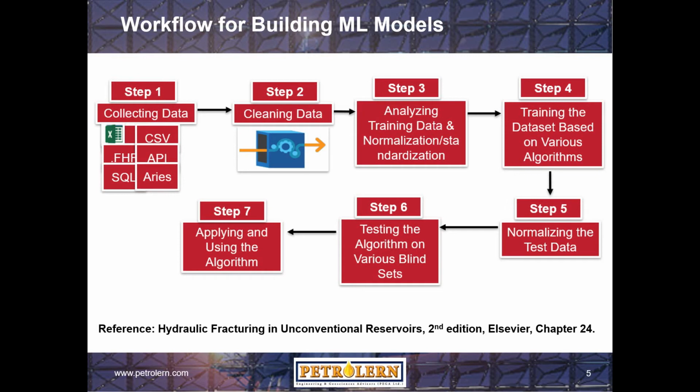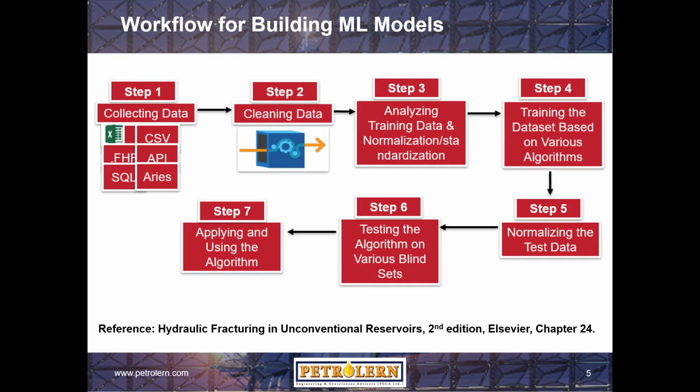And once you're done with that step, then you go into the next step, which is cross-validation. You split your data into training and testing, using a 70-30 training-test split. Once you're done with that step, I would do one final check and apply it to one more blind set, which the model has never seen before.